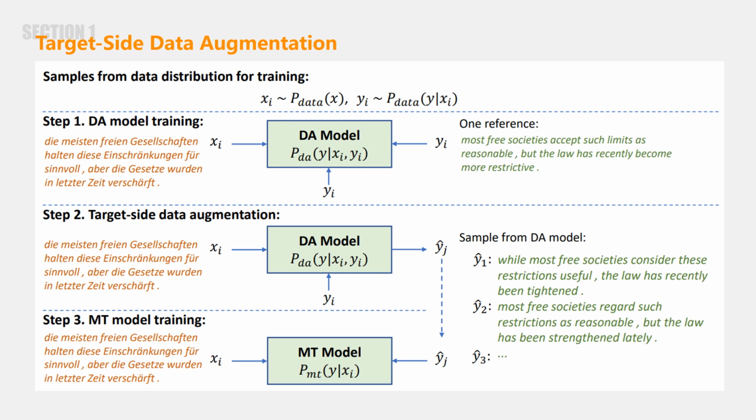In step 3, we use this augmented data to train a traditional machine translation model. The augmented data represents a smooth distribution of possible translations. Therefore, the MT model approximates this distribution and obtains improved performance.